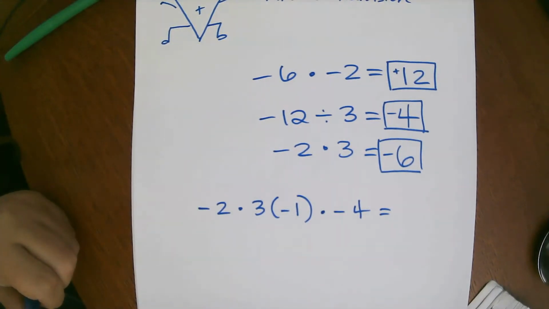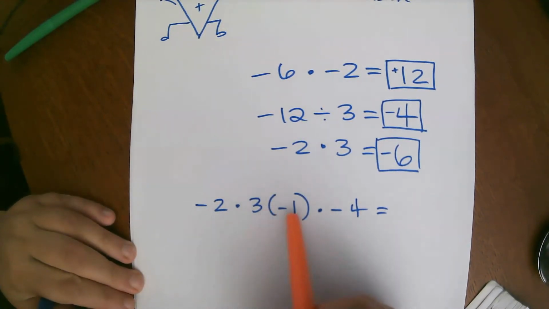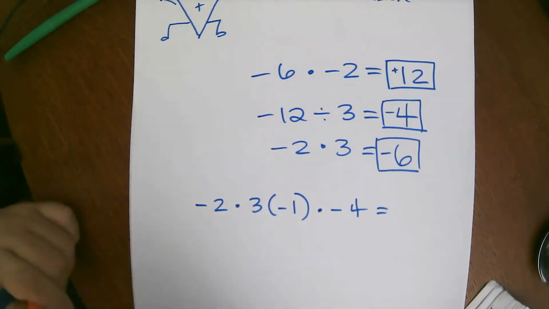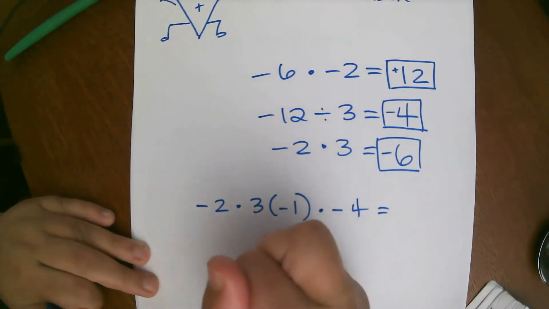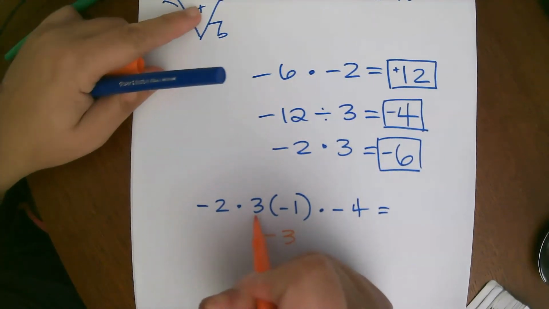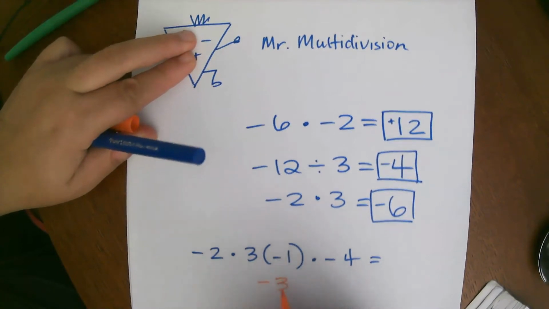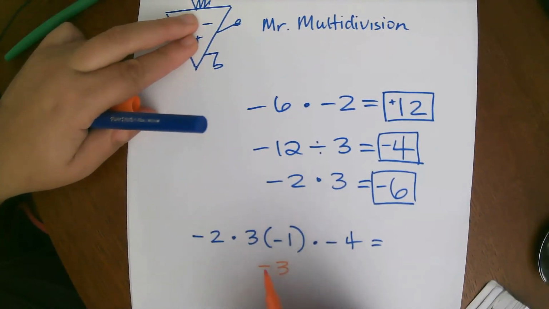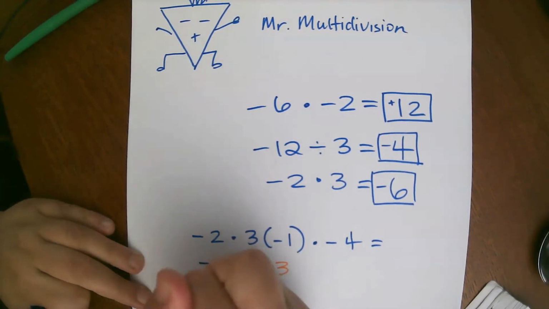So what we're going to do is we're going to tackle this from the left. I do have a parenthesis here, so I want to go ahead and figure that out first. So 3 times -1 is -3, right? Or you can go 3 times -1 is a 3 with a negative, right? -3, bring everything else down.